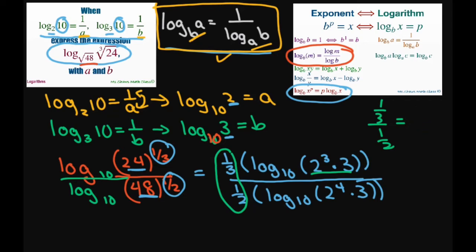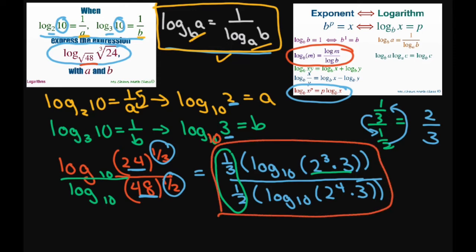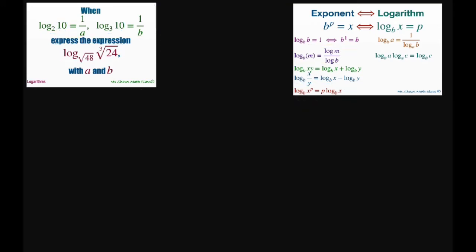You can switch this 2 up here and this 3 down here. So this is going to be 2 divided by 3. Given that, you might want to write this down. I'm going to start a new slide. So I'm going to write this as 2 divided by 3 here.